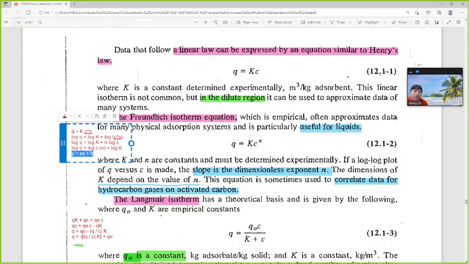Maybe we have to do an exercise to get more knowledge about this equation and the Langmuir isotherm, because from the equation it is easy to solve problems.